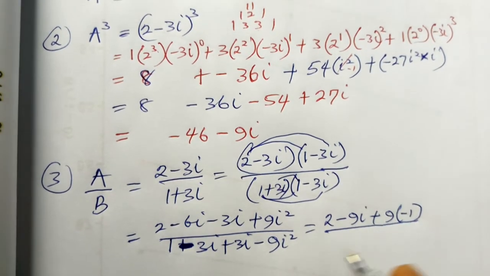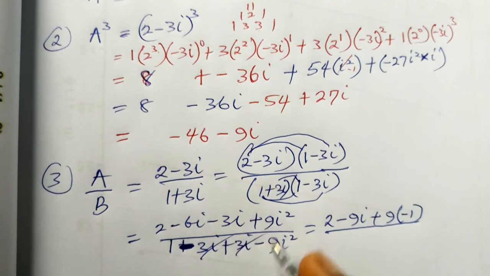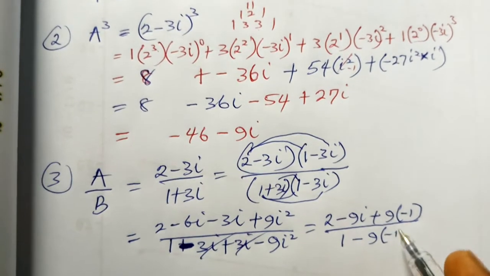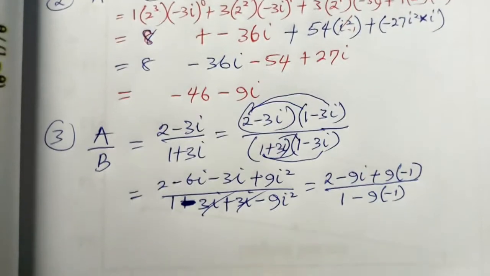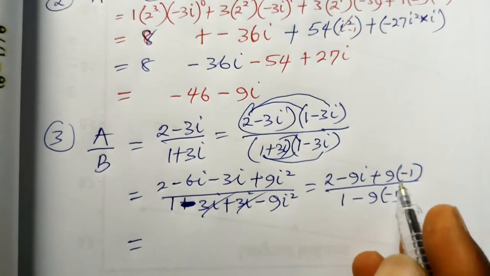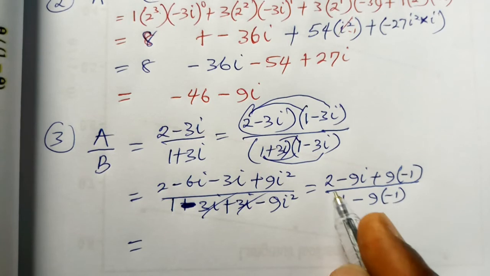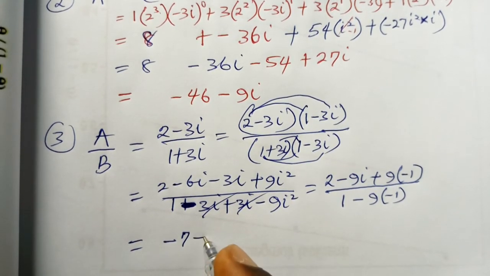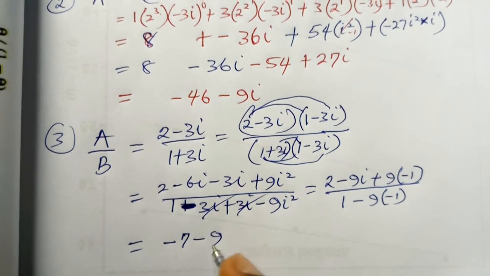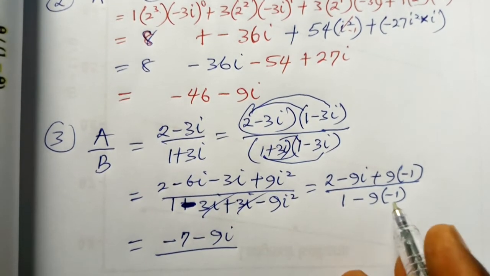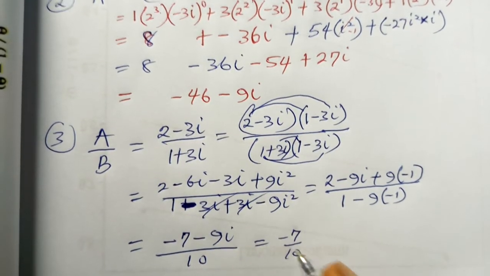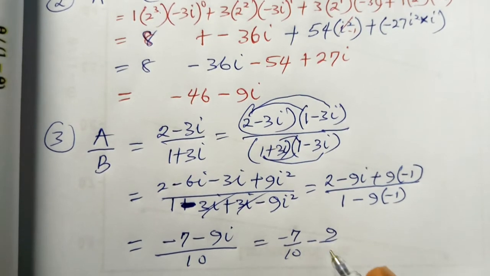In the denominator, this one will cancel this, and 1 minus 9 times minus 1 gives plus 9, so that you have 10. In the numerator, 2 minus 9 is minus 7, minus 9i, all over 10.